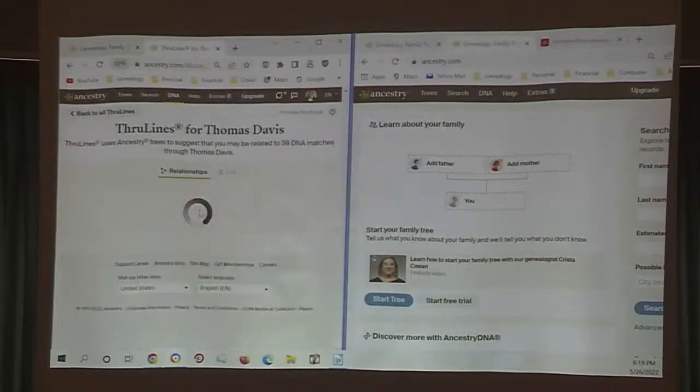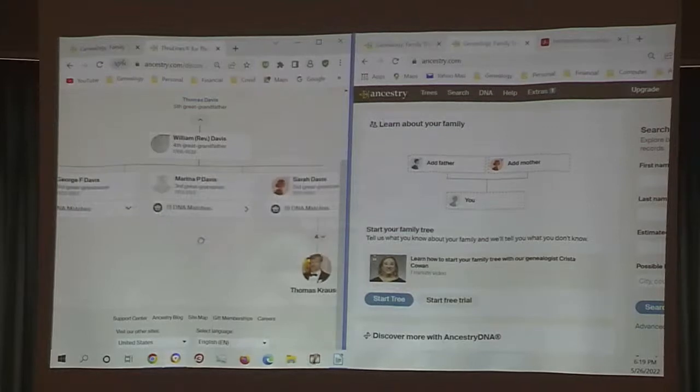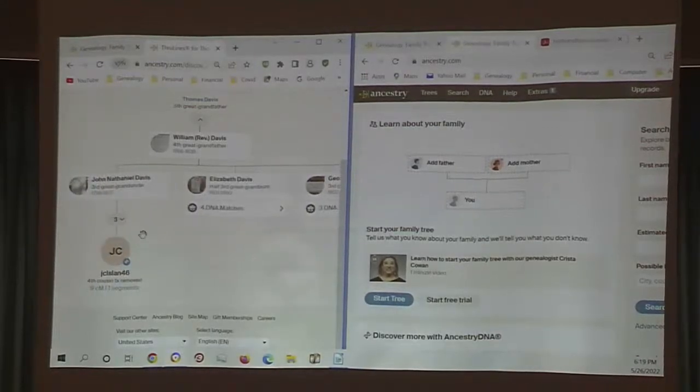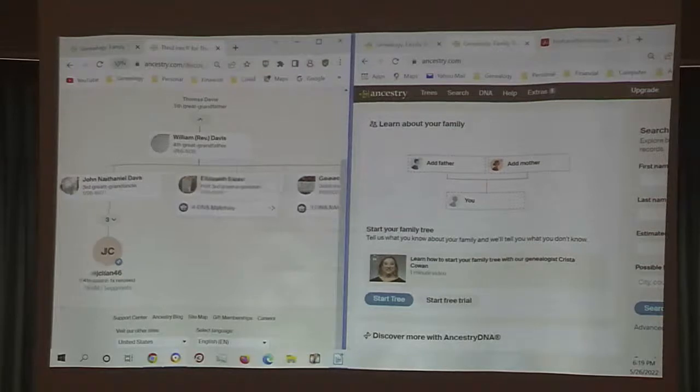So if I click on him, I see that these are his children, and these are all the DNA matches that come back to those children. So you can see that down here, John Nathaniel Davis looks like he only has one DNA match, but Elizabeth has 4 DNA matches.